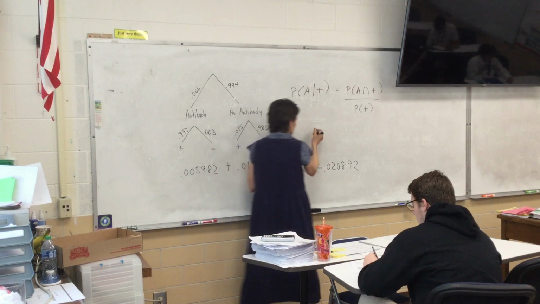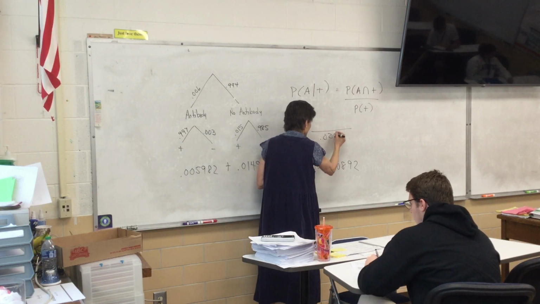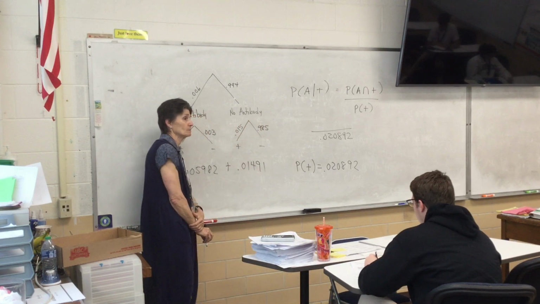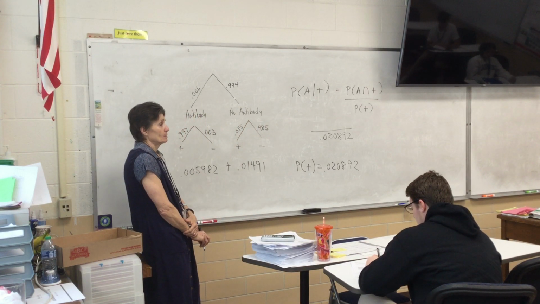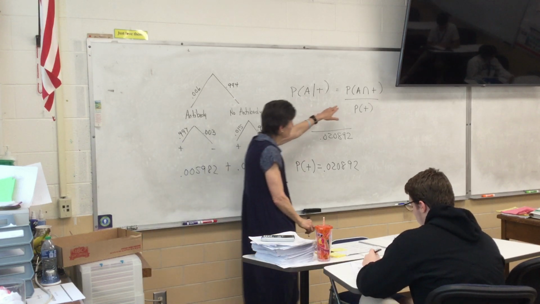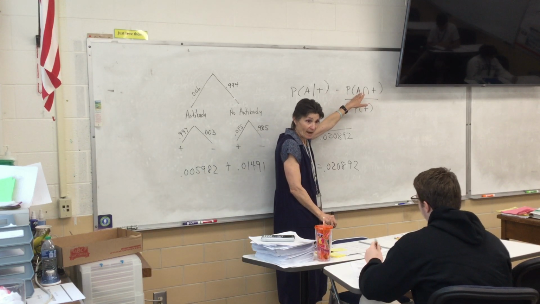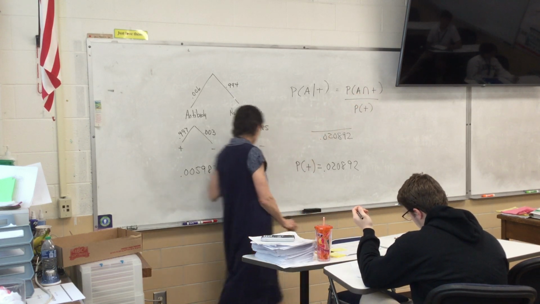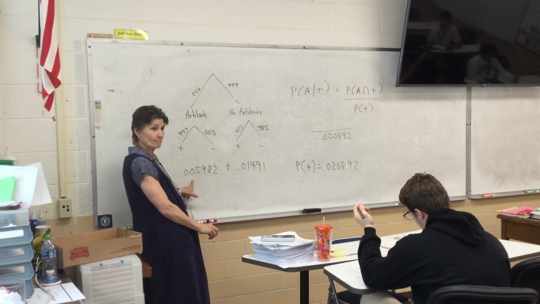So I just figured out my denominator is 0.020892. What's my numerator? My numerator is the probability of having the antibody and positive. Isn't that this big number right here?